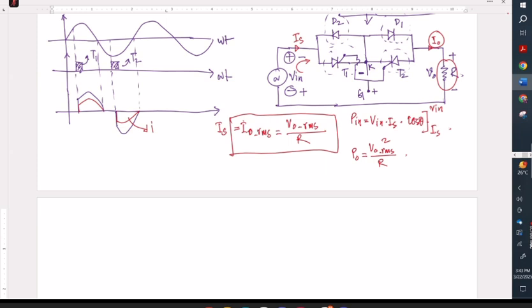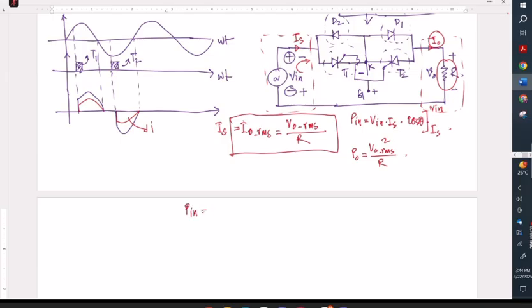Okay. So now, in an ideal case, whatever power you are putting into the circuit, if this is a lossless medium, what will happen? Your output power will be exactly the same as the input power, right?